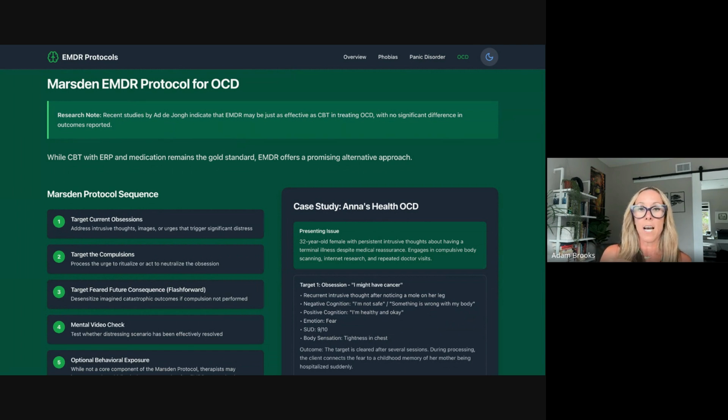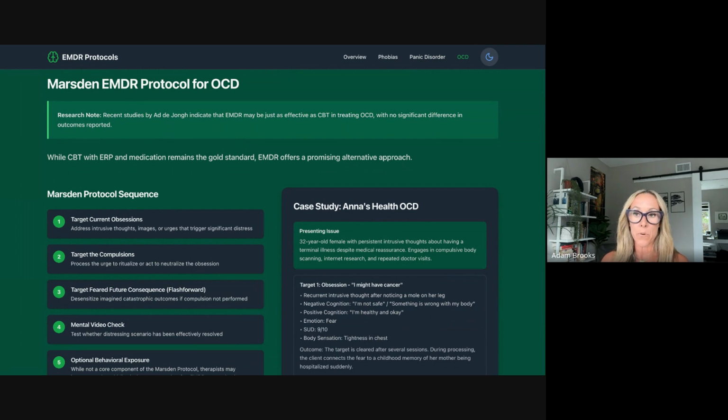But EMDR offers a promising alternative approach. I actually just took a training with de Jongh, who said that there are some recent studies coming out that say there's no significant difference in outcomes between EMDR and CBT in treating OCD. So that's really exciting. And that also mimics the experience that I've had treating OCD.